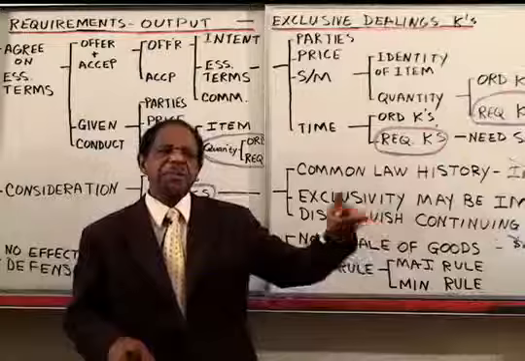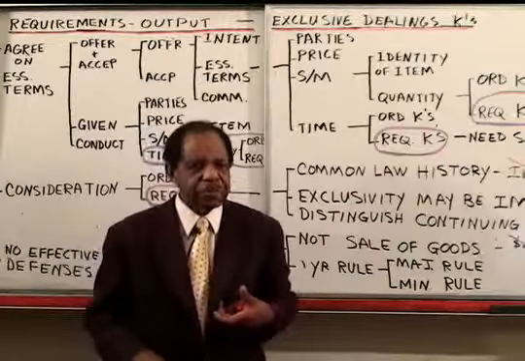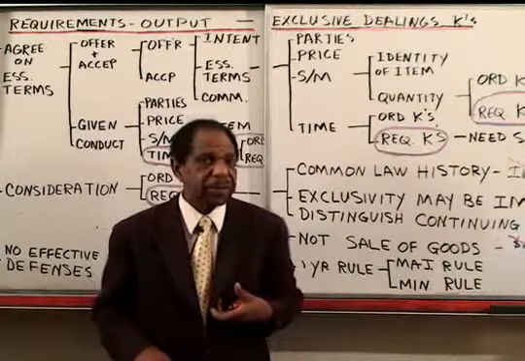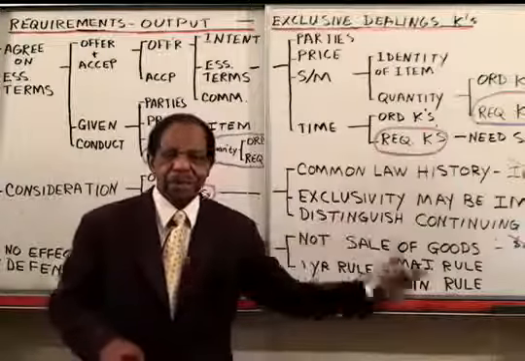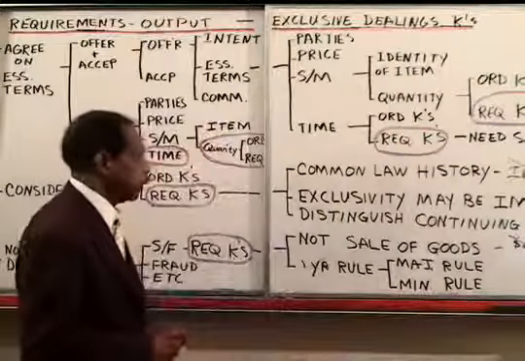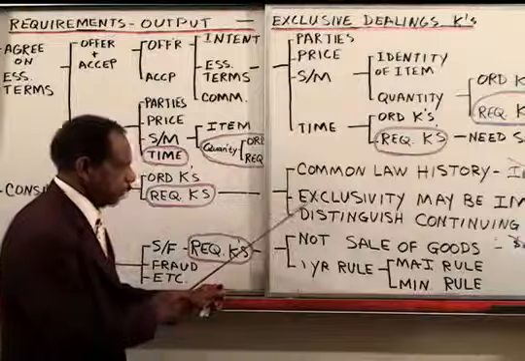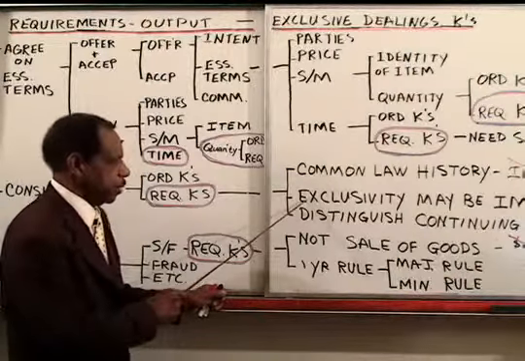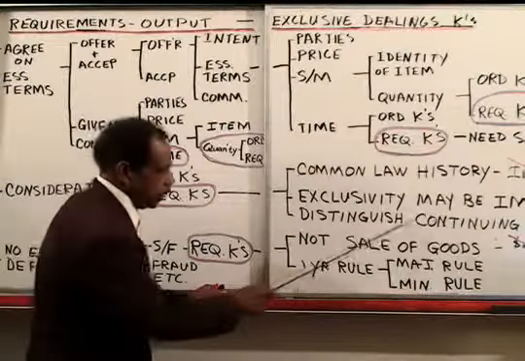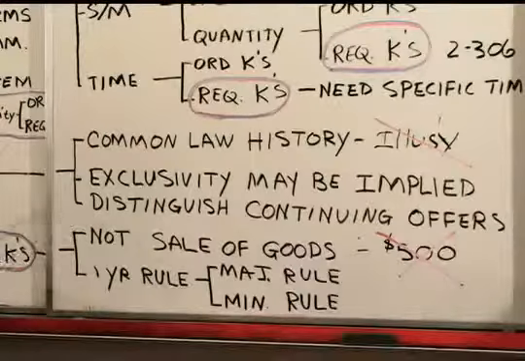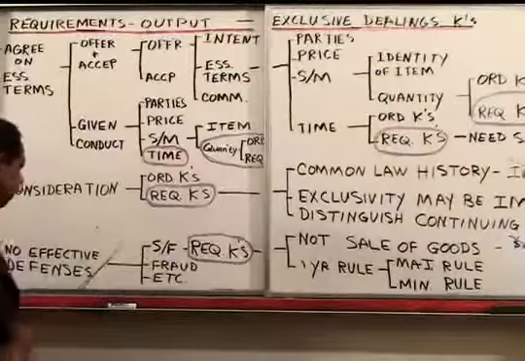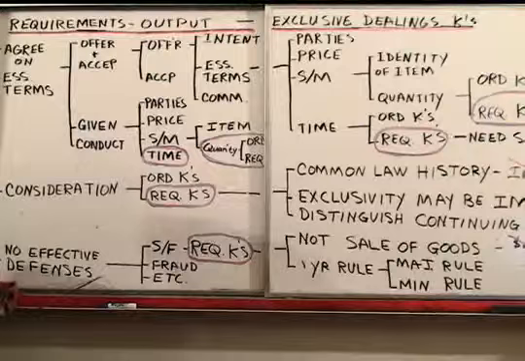Well, you didn't promise back that you would supply me with all my fish, and so we don't have a requirements contract. You just have me making a continuing offer. So something's going to be implied. You're going to have to deal with that in the answer to your question, and as I mentioned here, distinguish it from continuing offers.